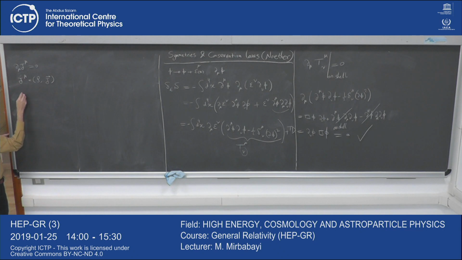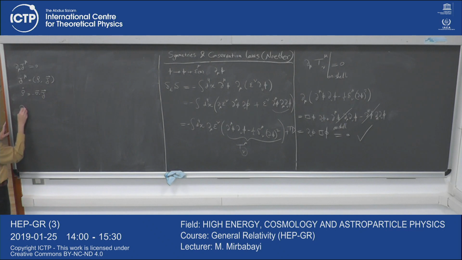Then that equation is the statement that rho dot is equal to minus divergence of J. The density of charge is changing only if there is a divergence of the current.